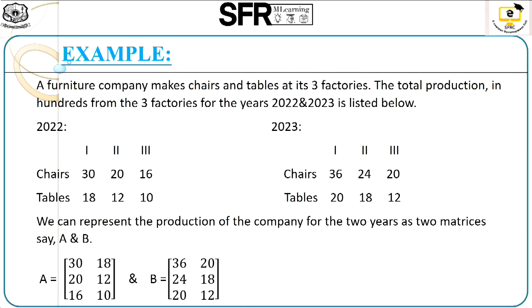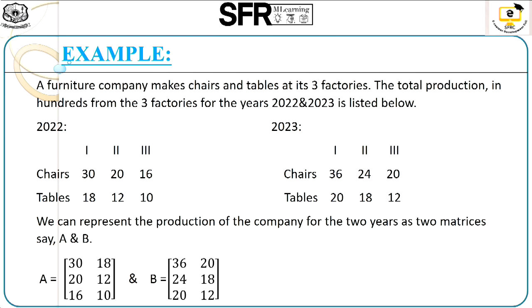Here, the first row of matrix A is 30 chairs in the first factory and 18 tables. That's why the first row has the values 30 and 18. The second factory produces 2000 chairs and 1200 tables, so each unit is 100: 20 and 12.